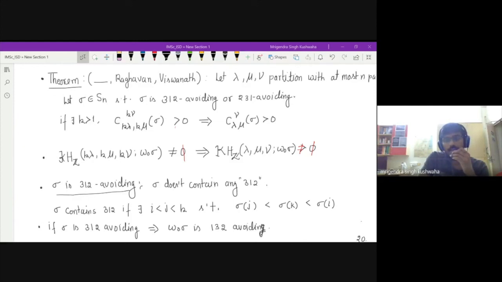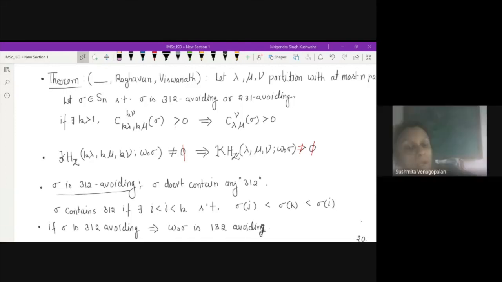By that you can calculate sigma. So you can figure out which one corresponds exactly to the refined Littlewood-Richardson coefficient. So we have very nice things in the tableau form also. Okay, yes, thank you.